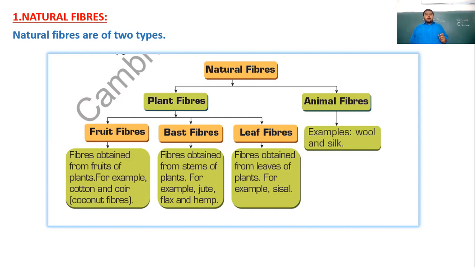Wool is obtained from the hair of sheep and rabbits, and silk fiber we obtain from the silkworm. So these are some types of natural fiber.